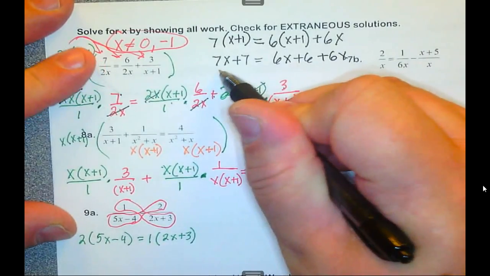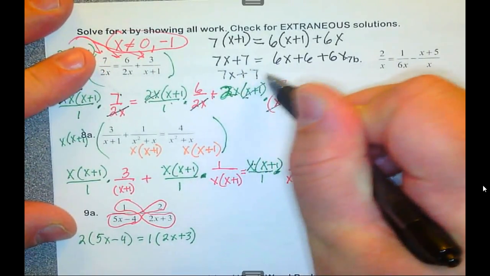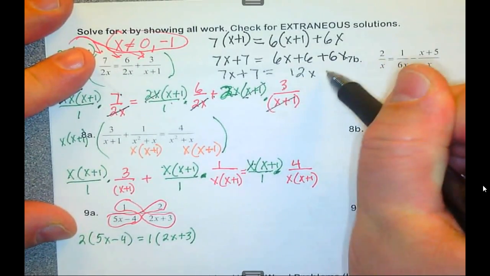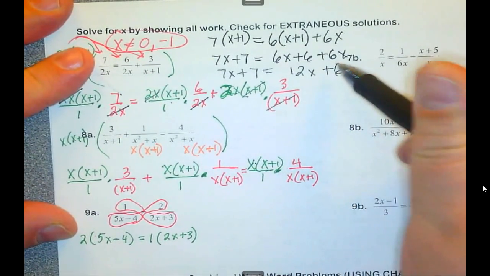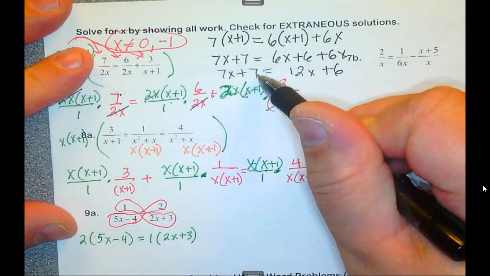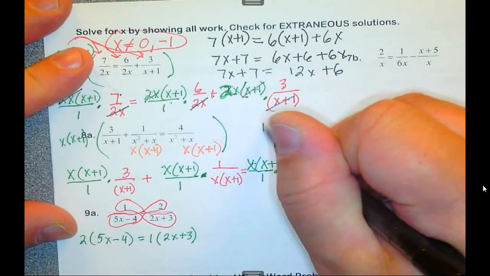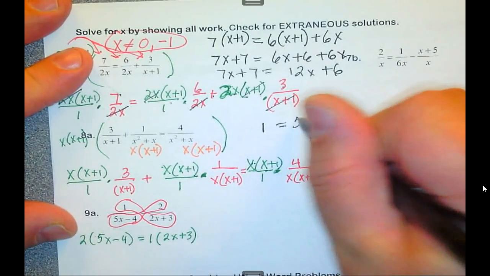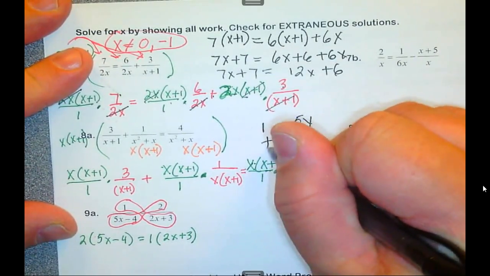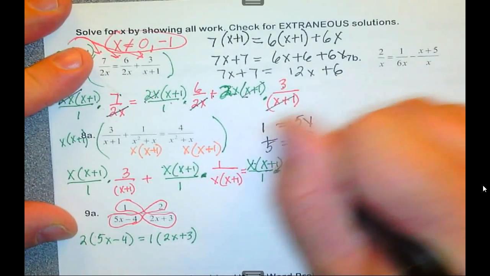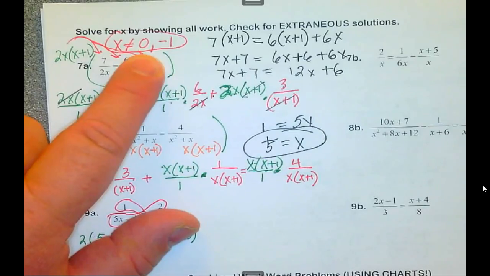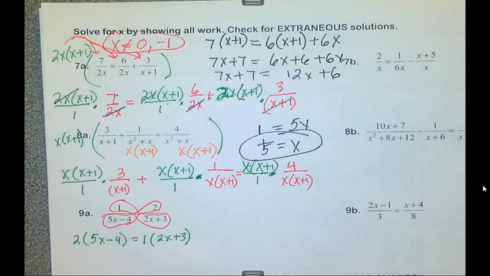Combine like terms, 7x plus 7 equals 12x plus 6. I'm going to bring the 6 over here. That gives me 1. And minus the 7x over here gives me 5x. So 1/5 is going to equal x. And I'm good because it's not 0 or negative 1. That's my solution.